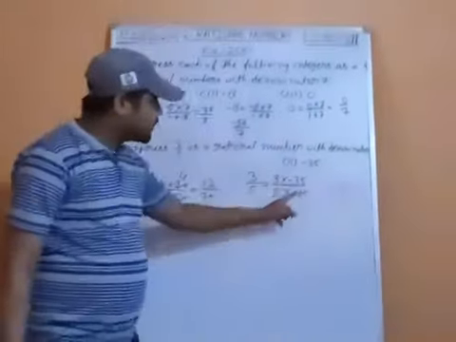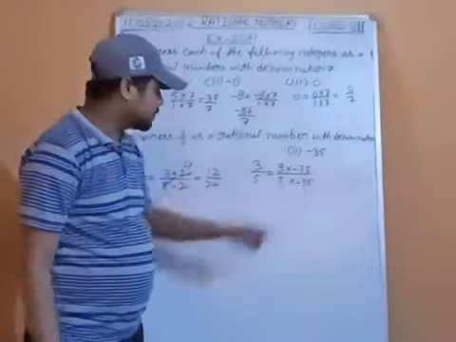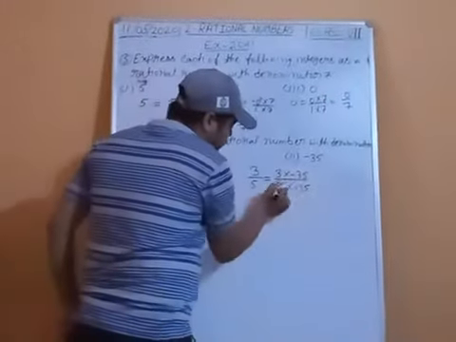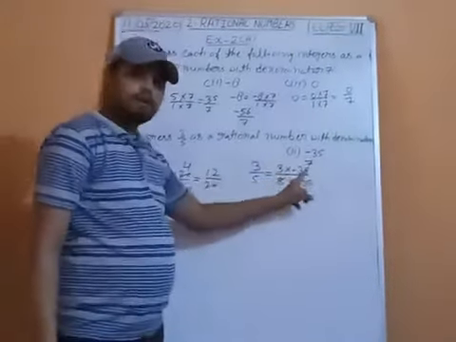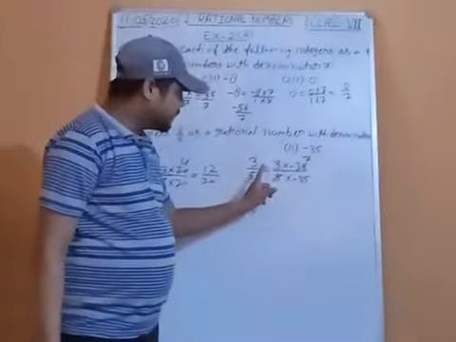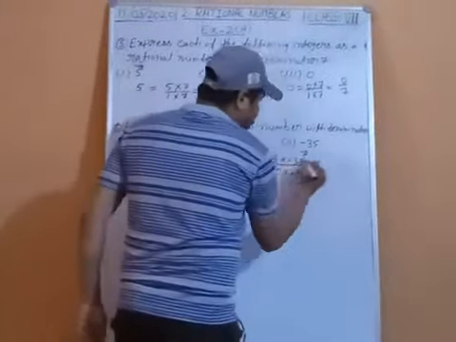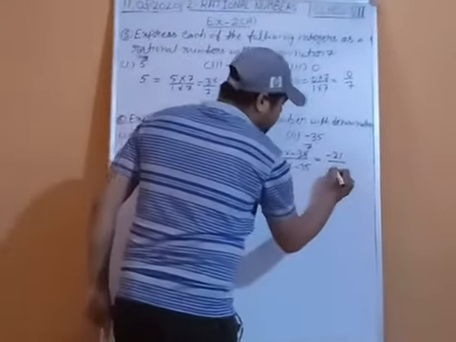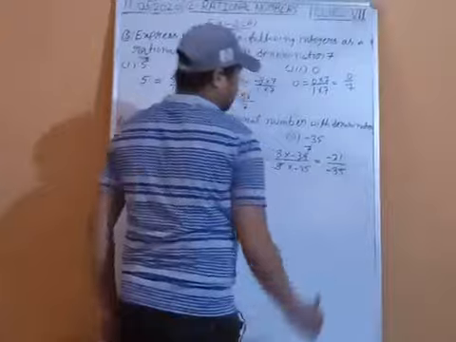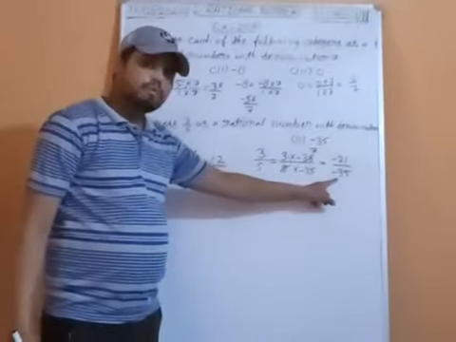We will not cut this minus 35, but we can cut the 5. 5 7s are 35. 3 7s are 21, plus minus minus, so minus 21 upon minus 35. You can see here the denominator is minus 35.